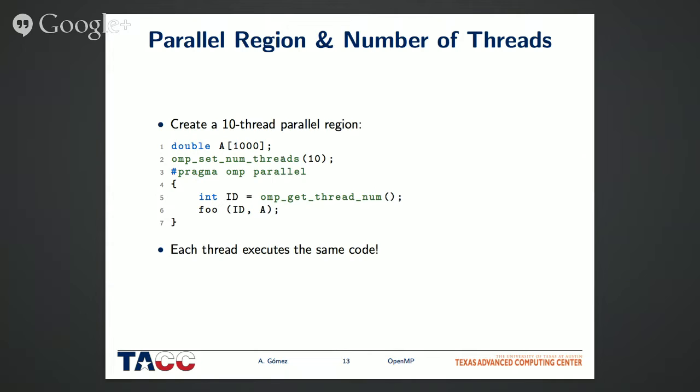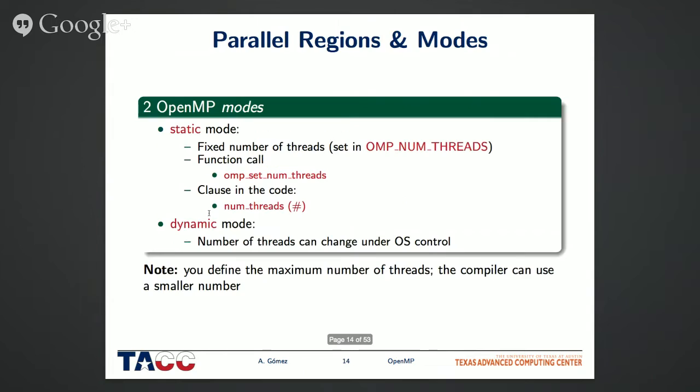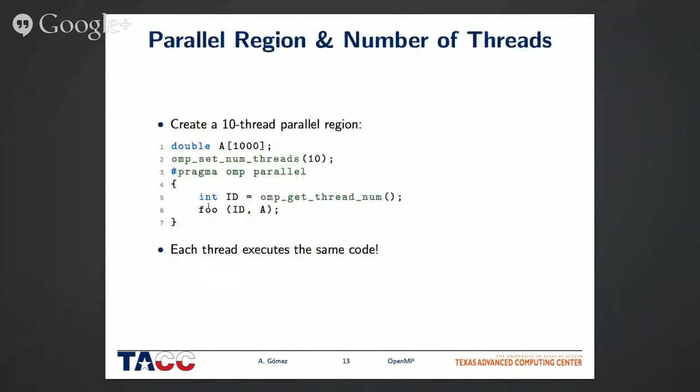After line 2, we still don't have any threads. We only have the master one. Is line 3 the one that creates the 10 threads that we specified in line 2? So in lines 5 and 6, all we have is just 10 threads running the same thing 10 times, basically.